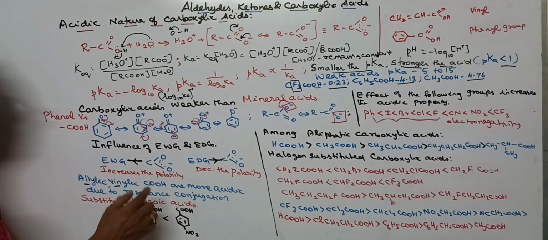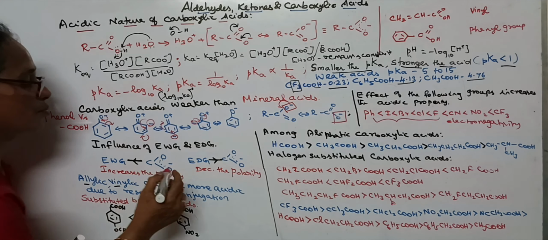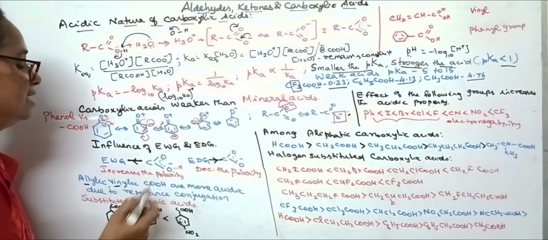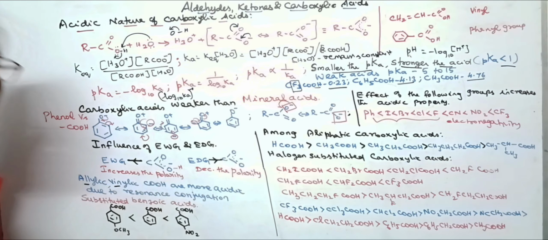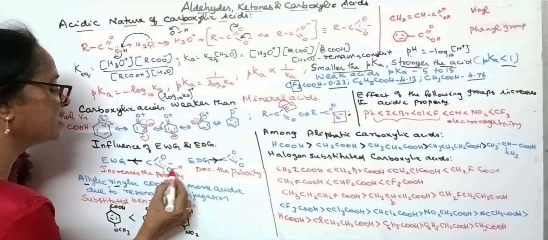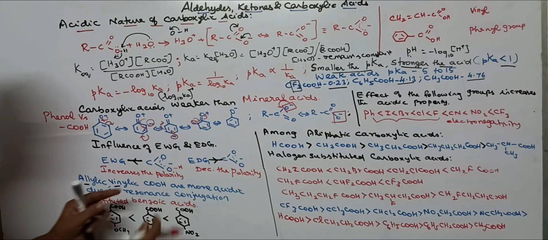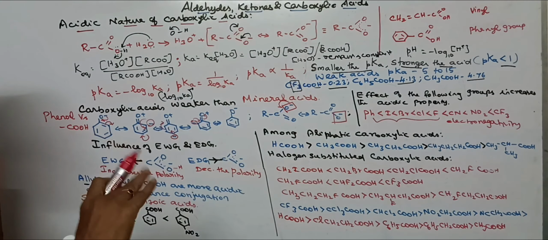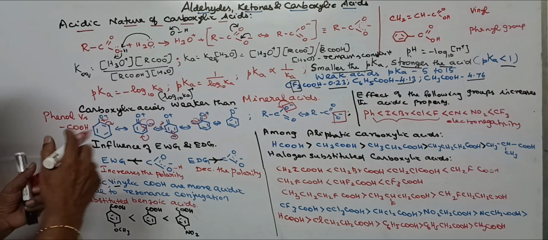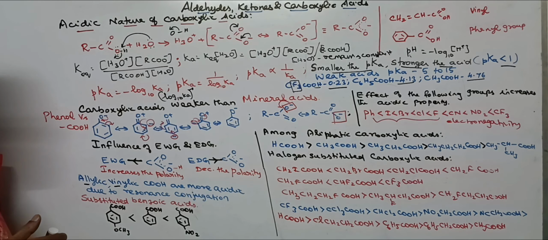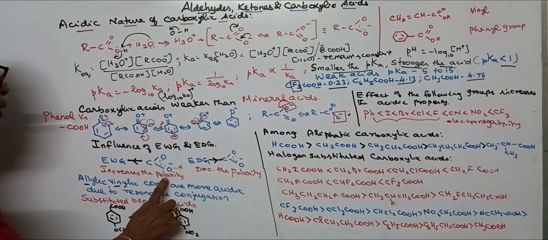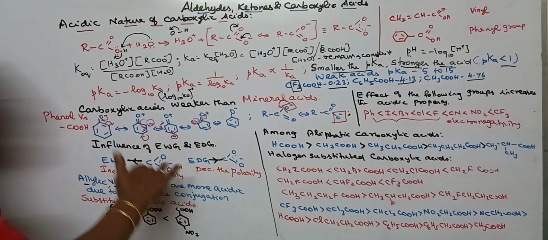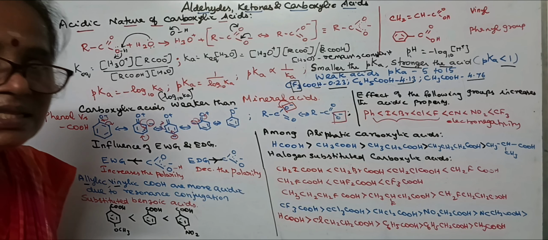So what will happen? The electron density on oxygen in the oxygen hydrogen bond decreases, and hence the OH bond polarity increases. So this carboxylic group can readily lose the proton. So the presence of an electron withdrawing group increases the polarity of the OH bond and hence increases the acidic property of the carboxylic acid.